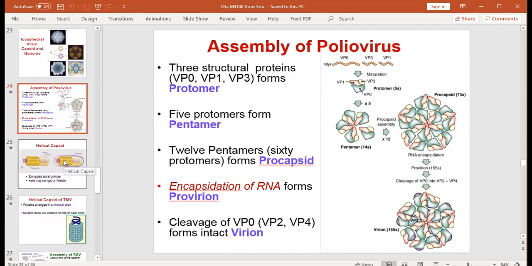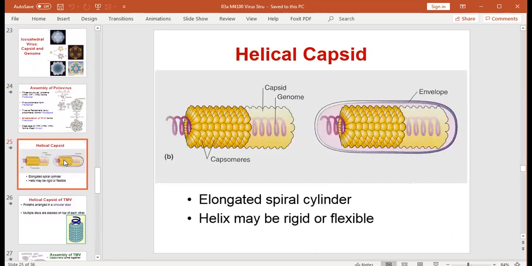What about a helical capsid? A helical capsid is basically a helical structure of the protein, or it looks like an elongated spiral cylinder of protein subunits or capsomers where the genome is inside.